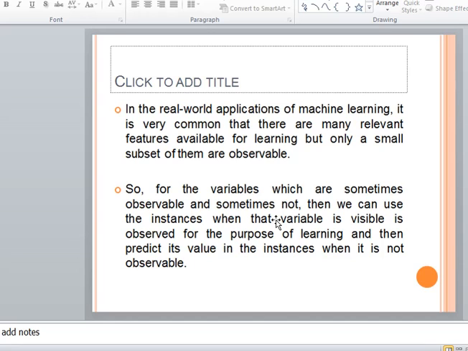For the variables which are sometimes observable and sometimes not, we can use the instances when that variable is observed for the purpose of learning, and then use that to predict its values in the instances where it is not observable. So by using the variables which are observable, we can predict the values for the instances that are not observable.